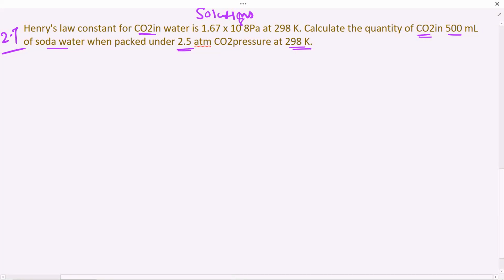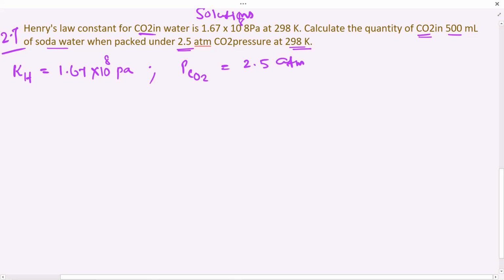So let us write the things given here. First they had given the value of Henry's constant, KH is equal to 1.67 × 10^8 Pascal. And the pressure of CO2 at 298 Kelvin is 2.5 atmospheric pressure.